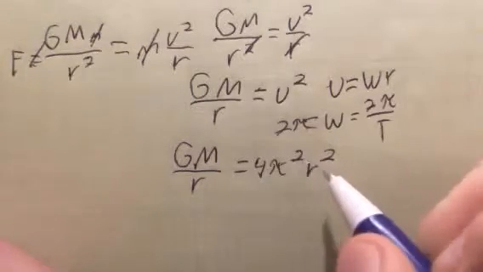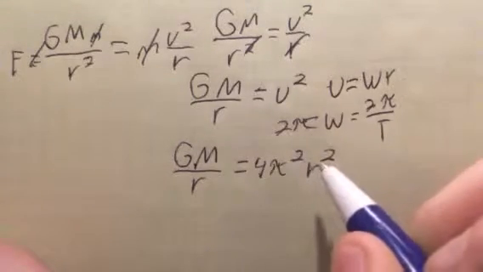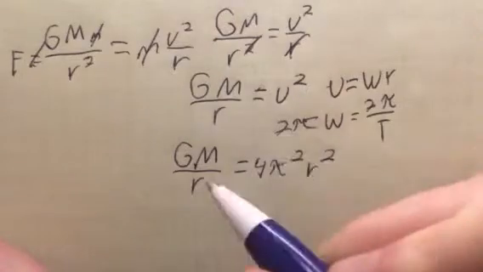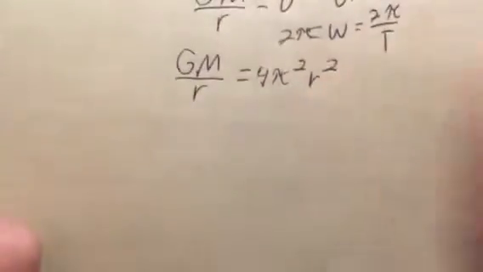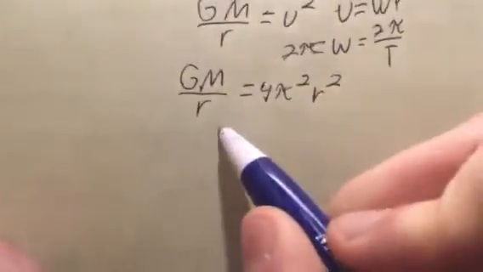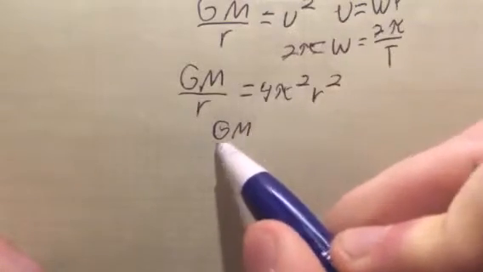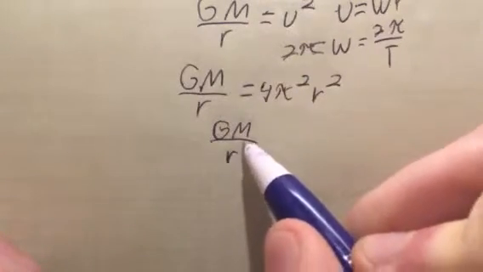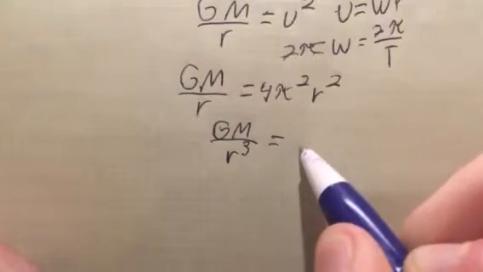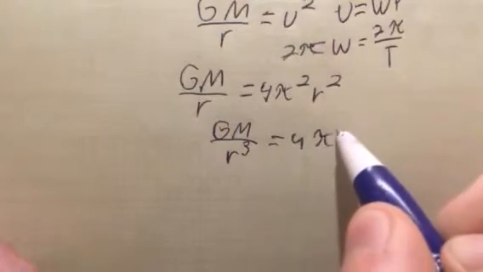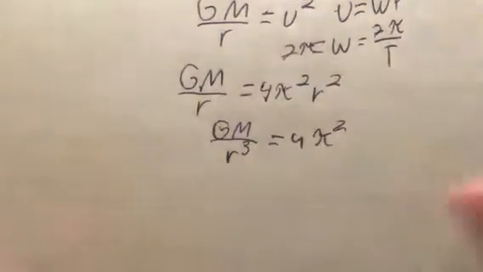And using algebra, I'm going to simplify this a little bit further. We're going to divide both sides by r squared. So we have GM over r cubed equals 4 pi squared. Perfect.